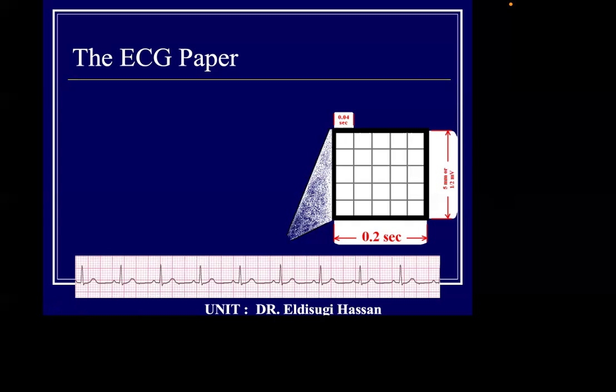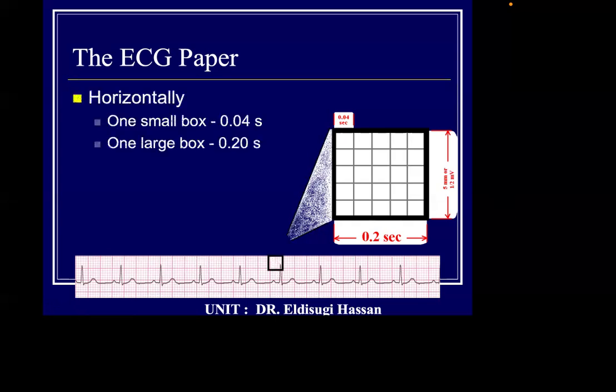And this is very important when you come to analyze different forms of diseases that can be diagnosed by the ECG. So horizontally, one small box equals 0.04 second, and one large box equals 0.2 second.